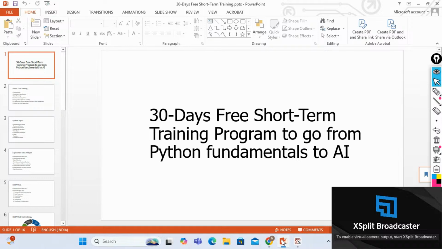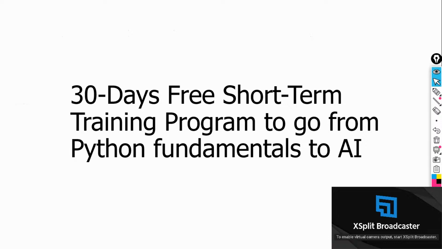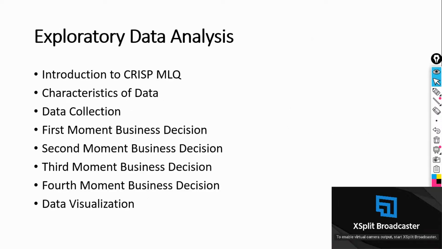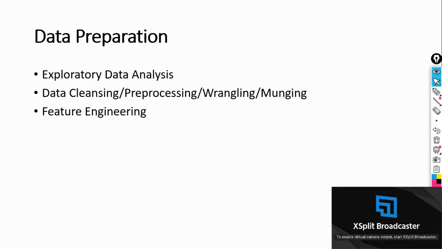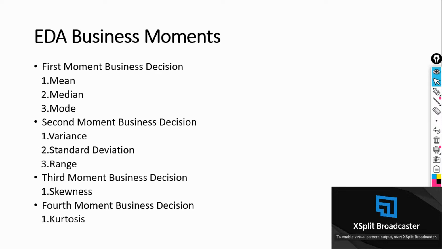Right, let's get started. Welcome, everyone, to our 30 days free short term training from Python to AI. We have understood the CRISP MLQ methodology, and we are learning phase 2 of CRISP MLQ.